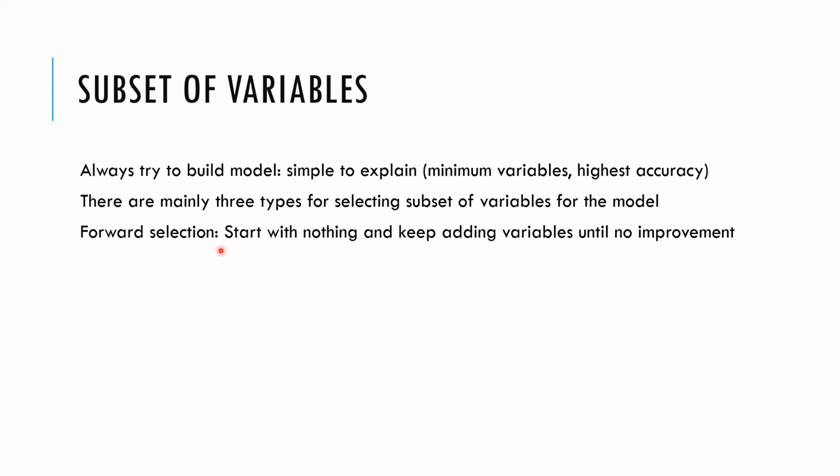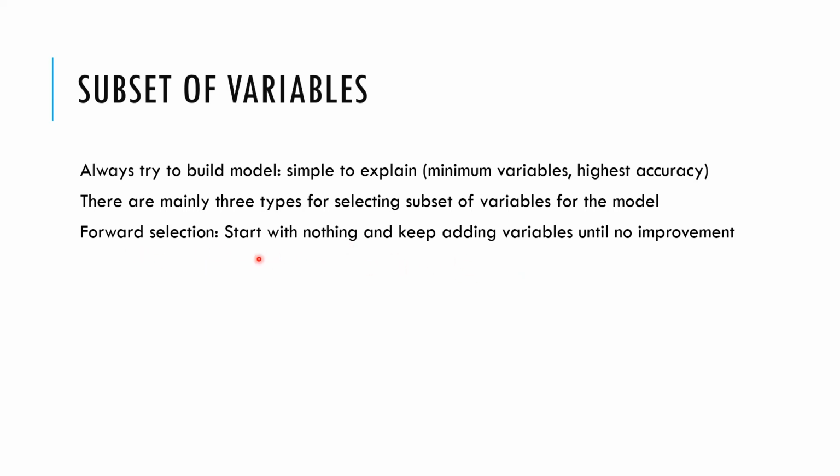Forward selection. What we do in this is we start with zero variables. So y is equal to theta naught. In the next step, we add one variable. So y is equal to theta naught plus theta 1 x1. In the next step, we add one more. So y is equal to theta naught plus theta 1 x1 plus theta 2 x2, and we go on like this. Step by step we keep adding.